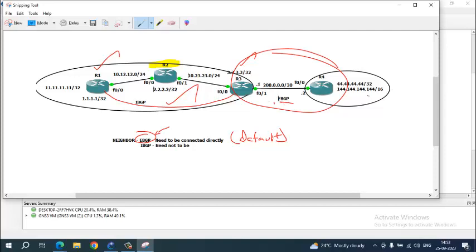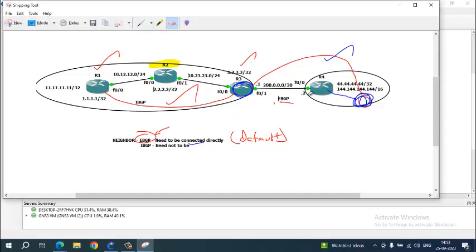In eBGP, if you have some router here, and you try to form a neighbor between these two, it is not possible unless you do some additional tunings. This is not possible by default. These two cannot form a neighbor by default because they're not directly connected. See, sometimes people may have a firewall here. Sorry, the router here and firewall here.